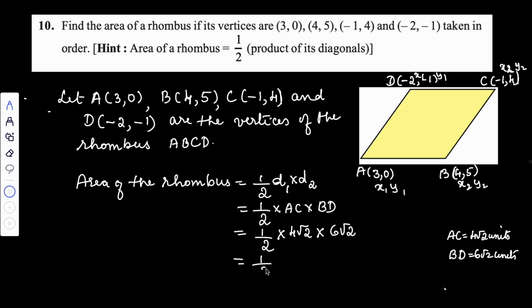So half into 6 into 4, 24 into root 2 into root 2. When we multiply, we'll get 2. 2 and 2 will get cancelled. So the area is 24 square units.